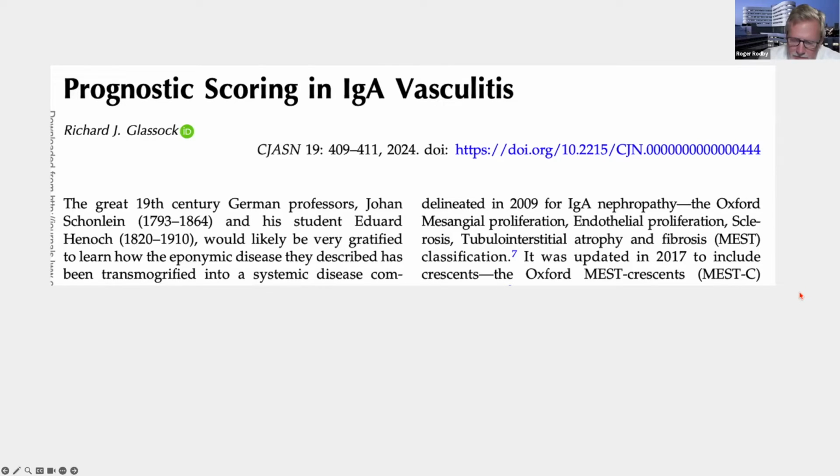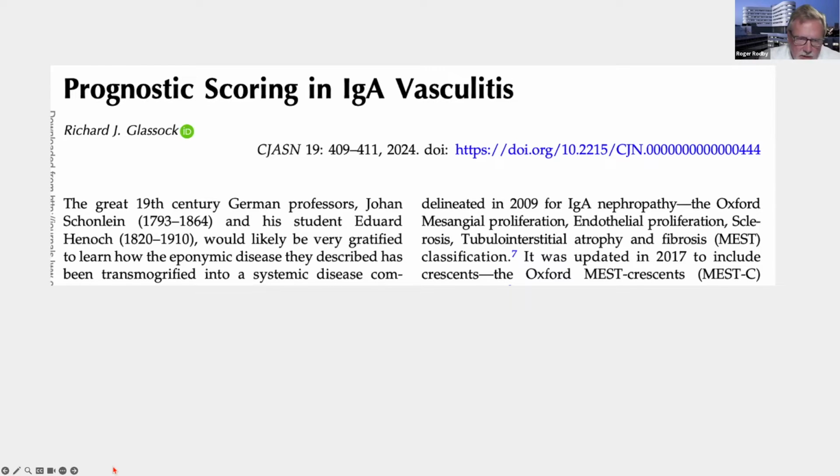Henoch, I believe, was the teacher, and Schönlein was the student originally. But Schönlein described the association of non-thrombocytopenic purpura with joint pain as far back as 1837. And he called the condition purpura rheumatica, but then Henoch added the GI and kidney involvement in 1874.